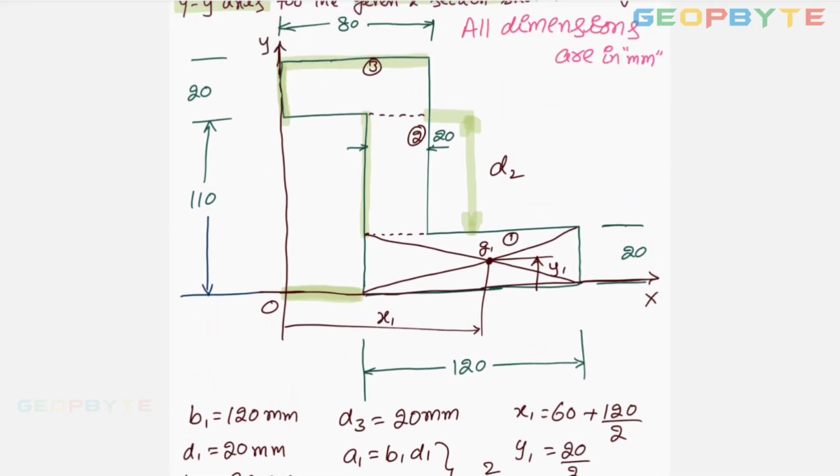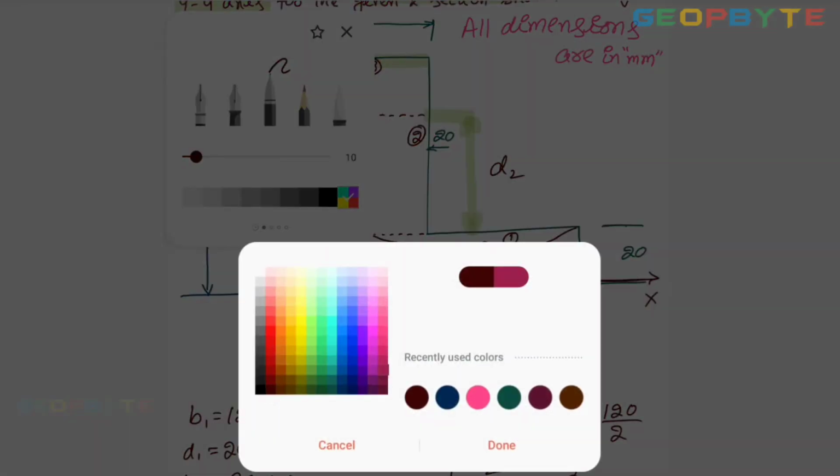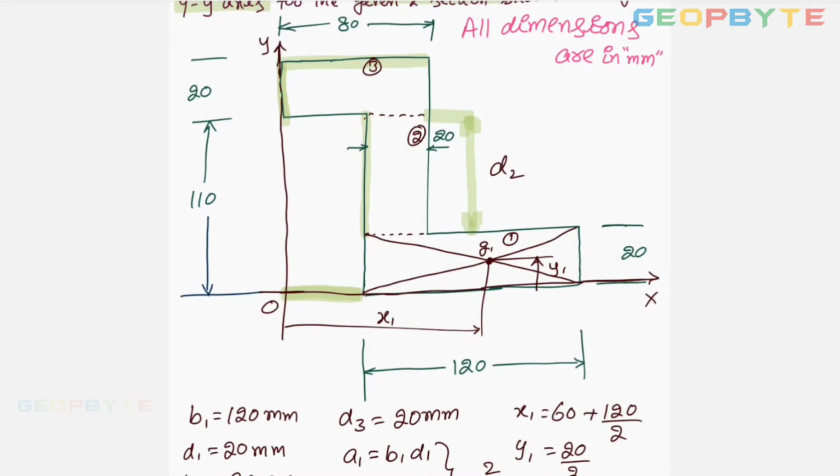Similarly, join the diagonals for section 2. Let me change the color for the pen. Join the diagonals for section 2. Then that is the x2.